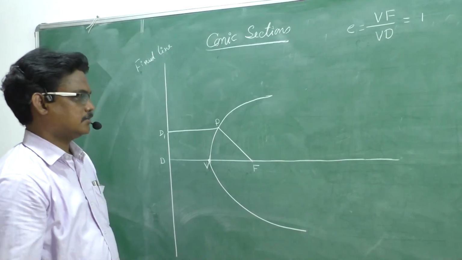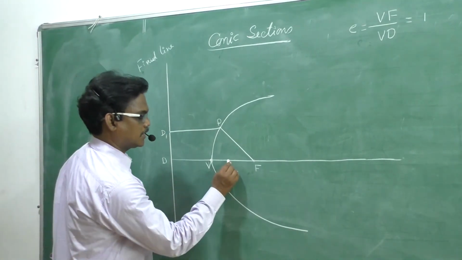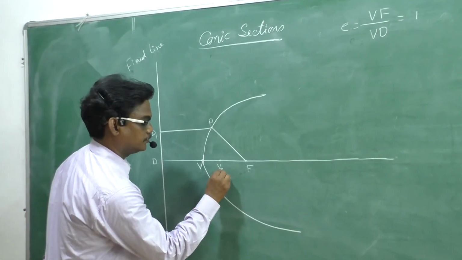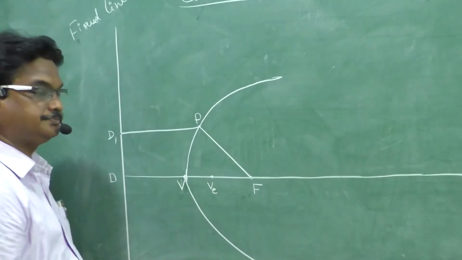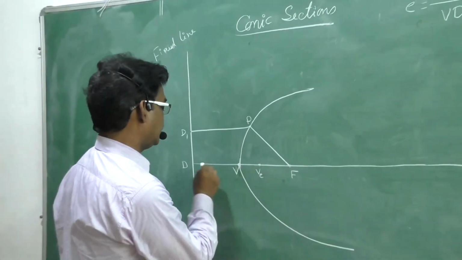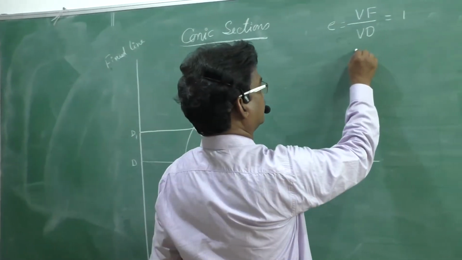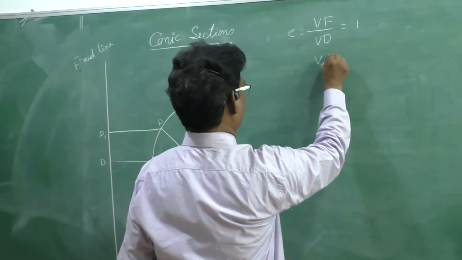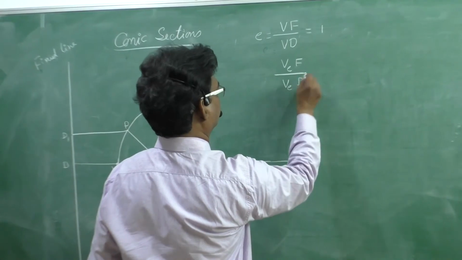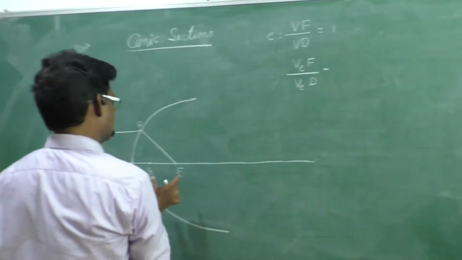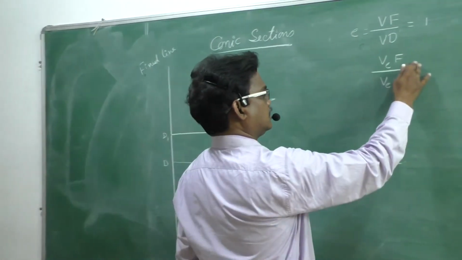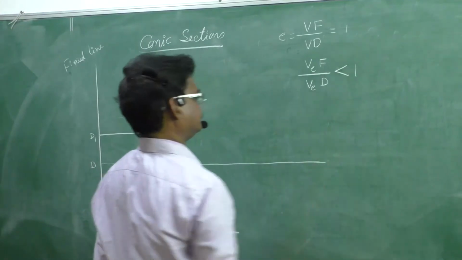Now another curve I want to consider. Suppose I consider a point here, VE. Now consider VE by F divided by VE by D. Suppose if you take this ratio, this is the smaller quantity, this is the larger quantity, then obviously it is less than 1. Right.